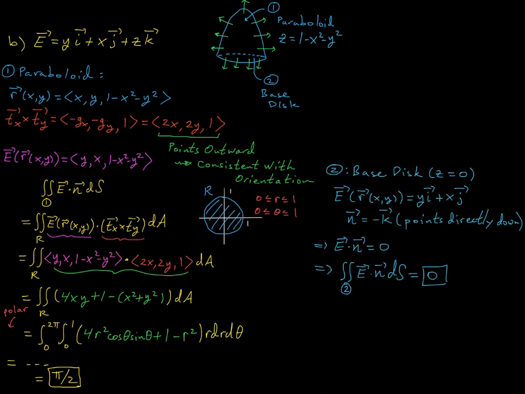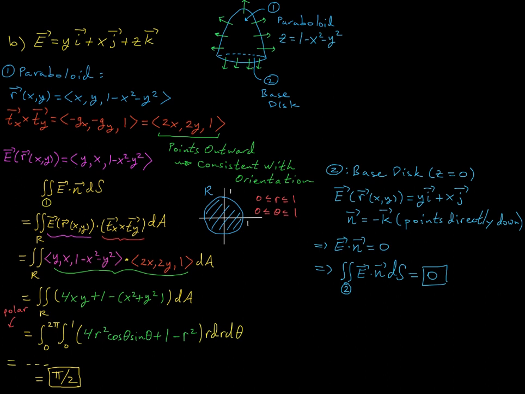But fortunately there, something really nice happens, because on the base disk, z is 0. And so notice for the electric field, the k component then is 0. And so I just get that E evaluated along the base disk here is just going to be yi plus xj. Okay, and since we're choosing the normal vectors to point outwards, our unit normal vector along the base disk would just be minus k, right?